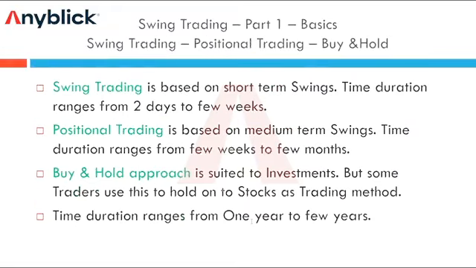So I'll just cover a basic difference between swing trading, positional trading, and the buy and hold approach. Now, buy and hold is more applicable to investments, but I have seen in markets that there are traders out there who like to buy stocks and hold them from a trading perspective also. Which is why I've kept this buy and hold approach in the trading topic as well.